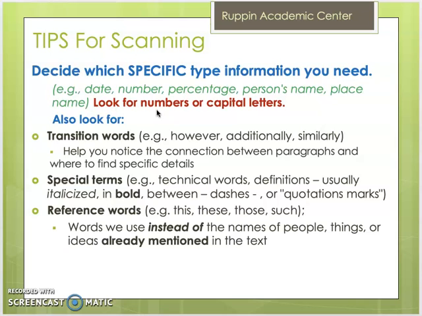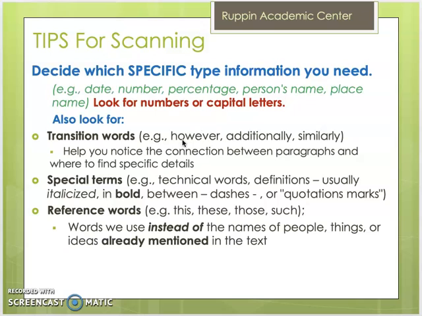Another way to help you locate specific information is to notice transition words, because transition words help us see relationships or connections between paragraphs, and then that might clue us in on where to find specific details.